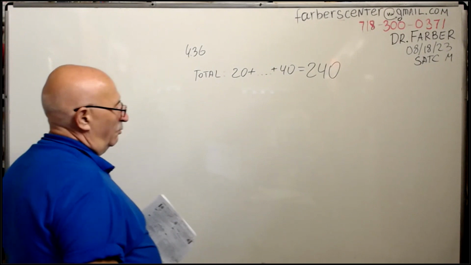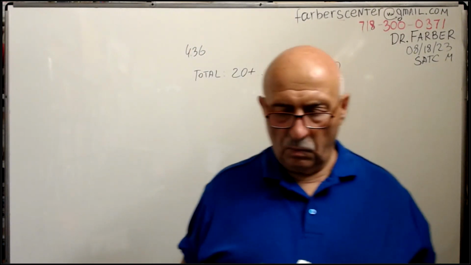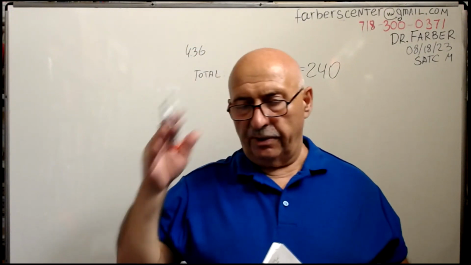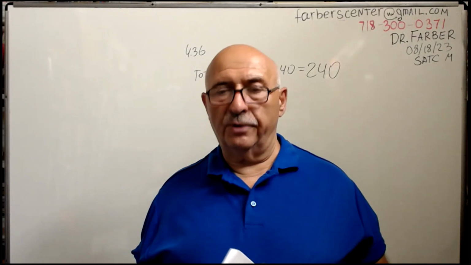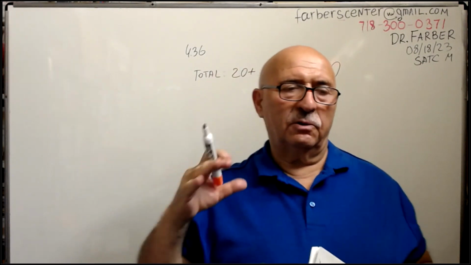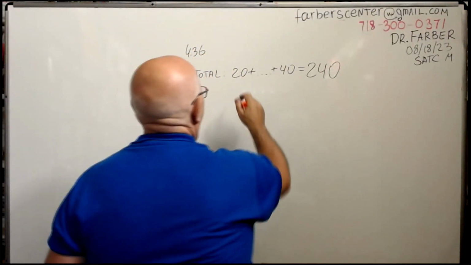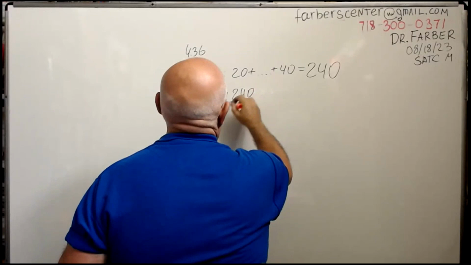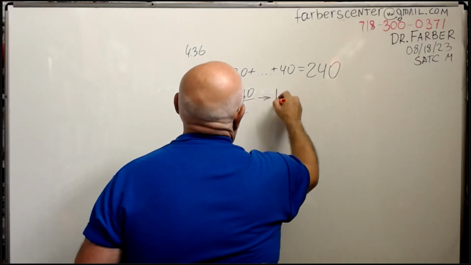So you have 240 items. Median somewhere in the middle, right? It's about after 120. For sure, right? If I arrange them from smallest to greatest, median is supposed to be found after 120. If we divide 240 by 2, it's median after 120.